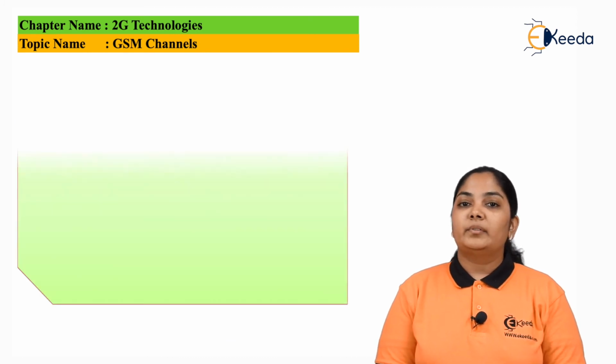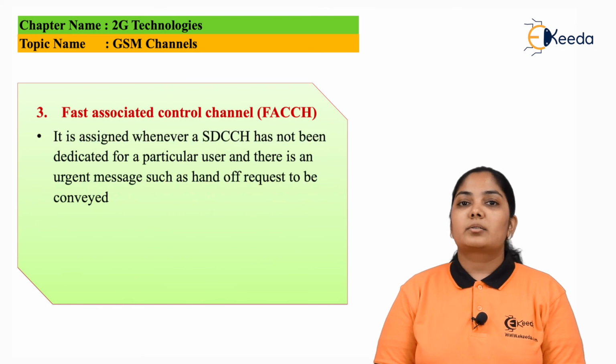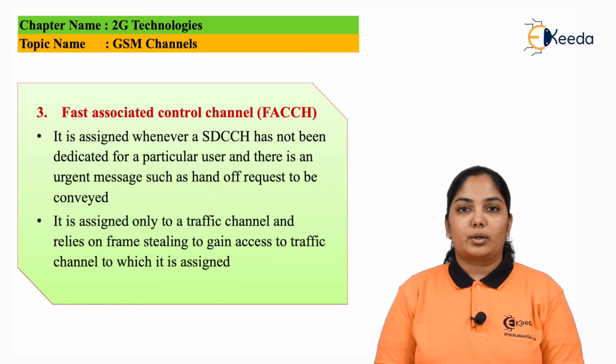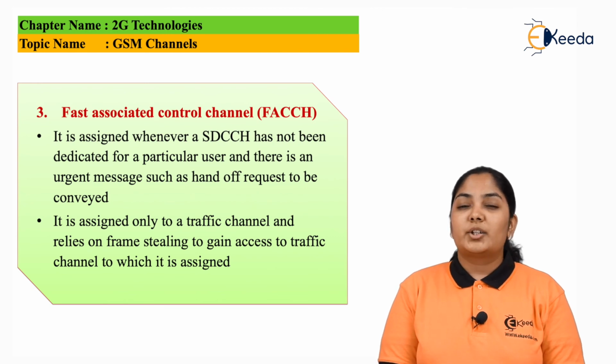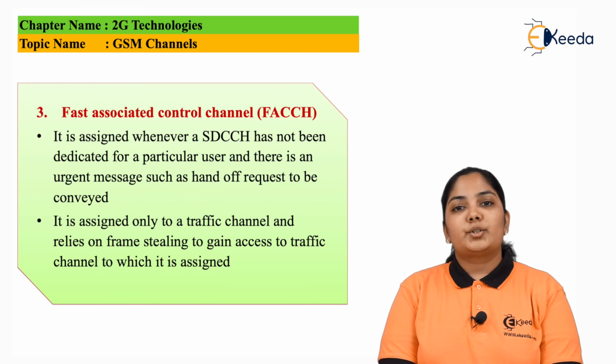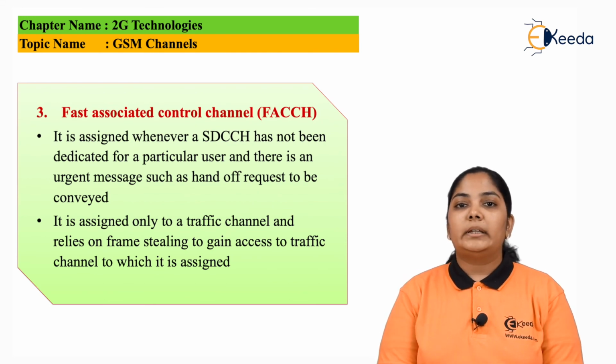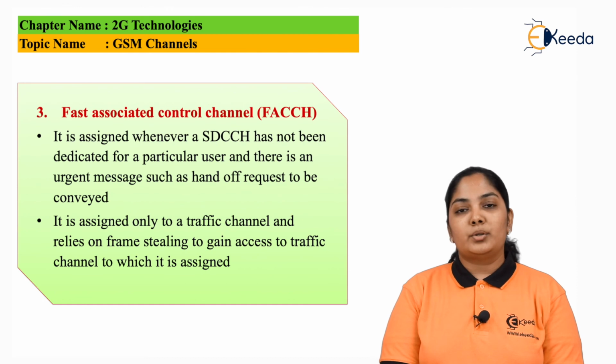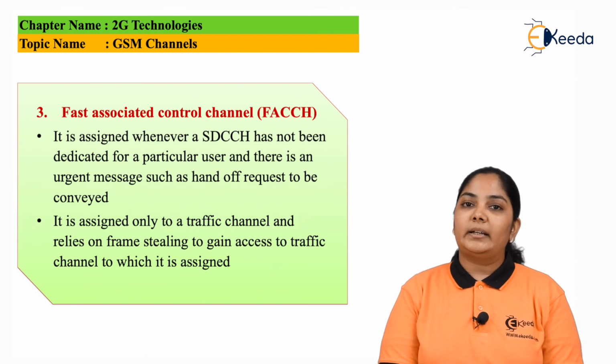The third type of the dedicated control channel is called the fast associated control channel. This control channel is used to send urgent messages like handoffs that occur. Handoff situations are not priorly known, they occur very instantly. Hence, the fast associated channel is used where there is no dedicated control channel or slow associated control channel in the scenario.